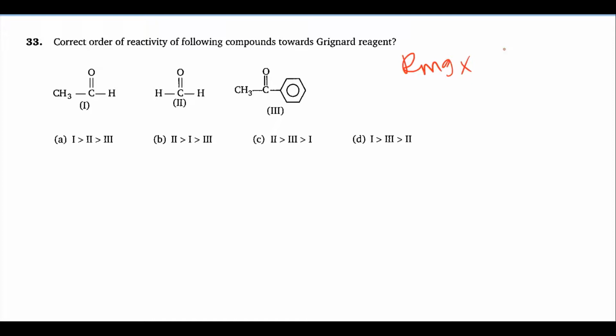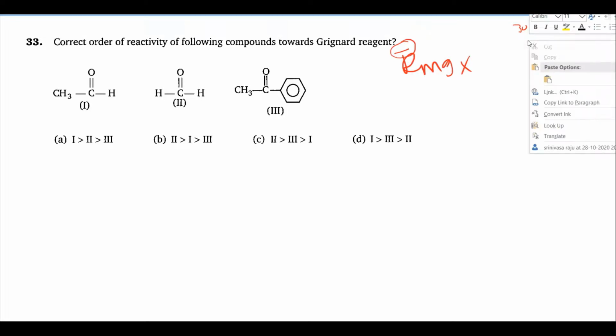In one of the stages of an anti-cancer drug, with the help of Grignard reagent, he developed the drug. Out of maybe 30 stages, in one stage they used Grignard reagent. Anyhow, that is not necessary.